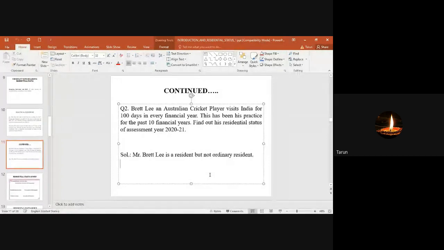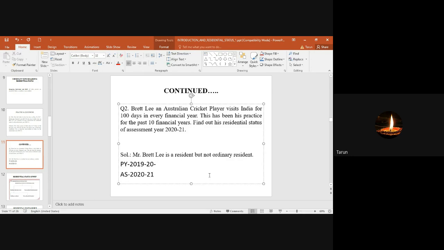Let's talk about the 4 financial years. What would be the previous year in this question? The previous year is 2019-20. The assessment year is 2020-21. The B condition of the basic conditions is that the person has to spend more than 60 days.